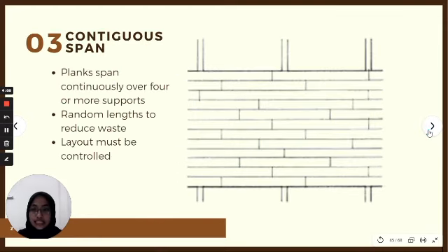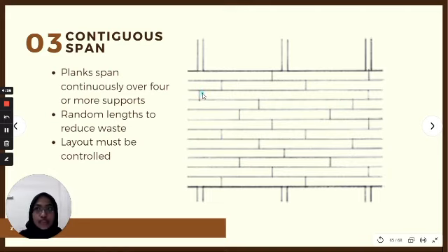The third one is contiguous span. Planks span continuously over 4 or more supports. So this type of span can have more supports. And you can see here the planks or the woods are all of different and random lengths. Its benefit is that it can reduce waste.